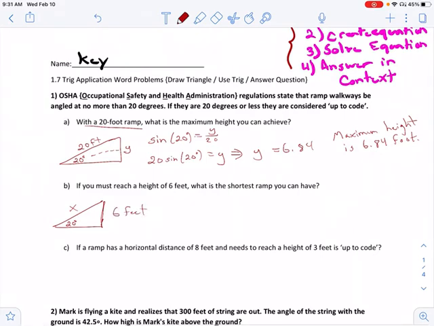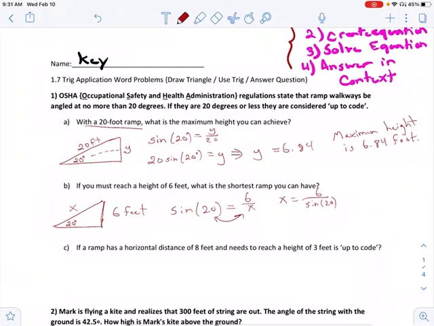This is again a case where I would want the largest angle allowable, 20 degrees. That's going to change our equation slightly. Now I have sine of 20 equals 6 over x. This is our special case where I can switch these two. So x equals 6 divided by the sine of 20.